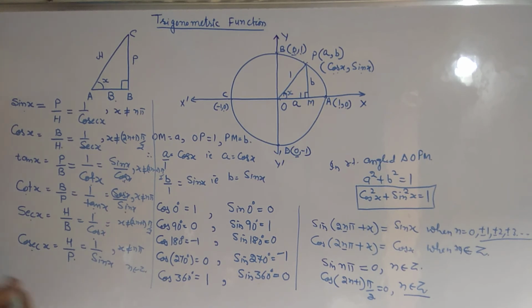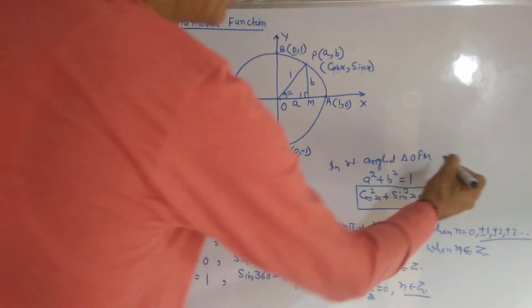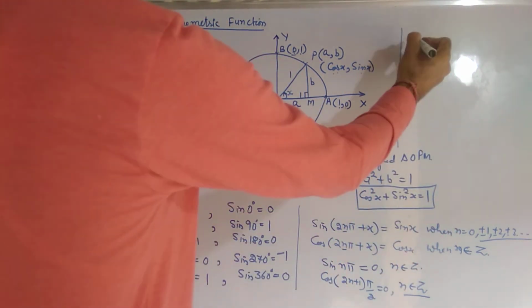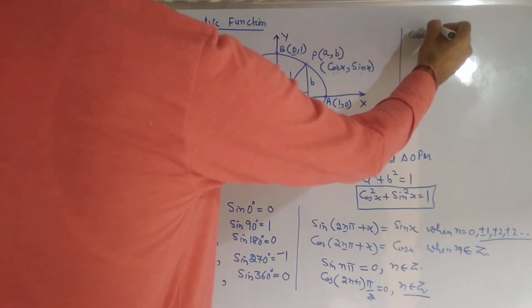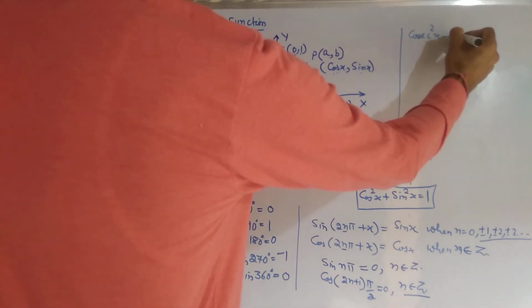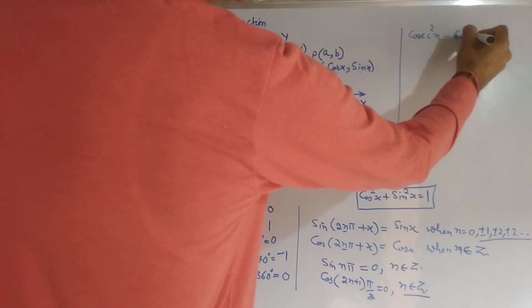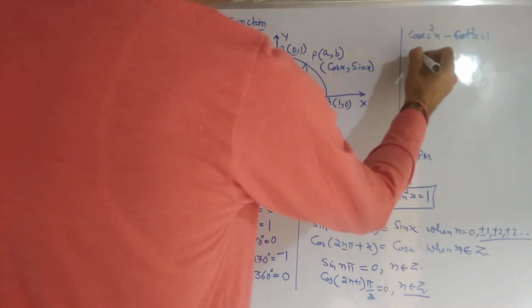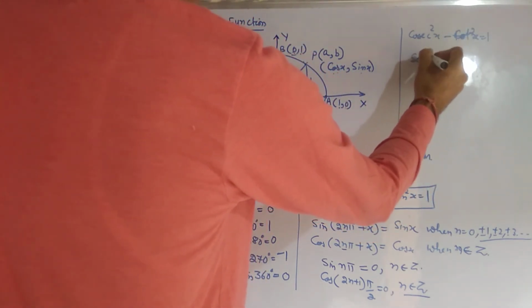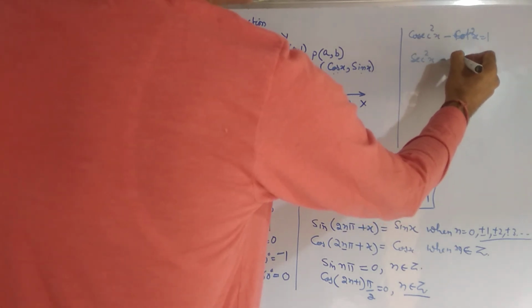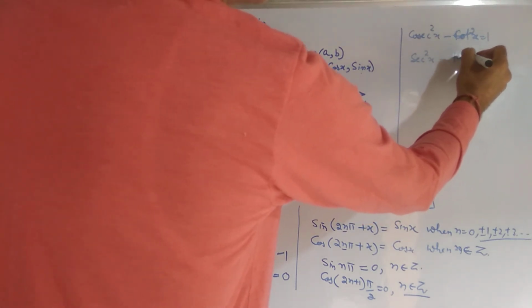From here we can also find that cosec²x minus cot²x is 1, one trigonometric identity, and sec²x minus tan²x is 1.